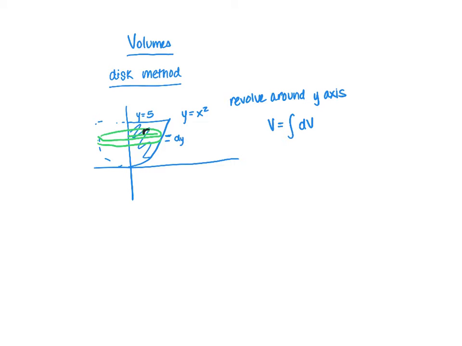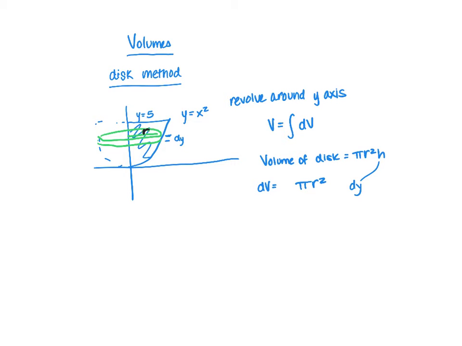If you think about just the volume of a disk, it's the area of the surface, which is pi r squared, and then times the height. When we're taking these small pieces, the height in this example is dy, and then we have the pi r squared.